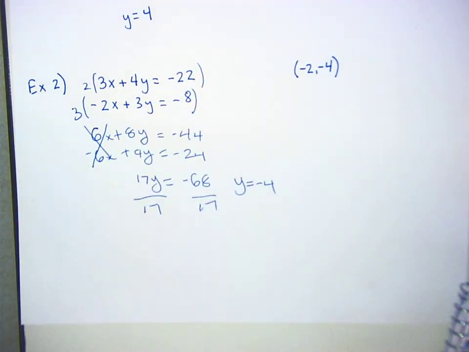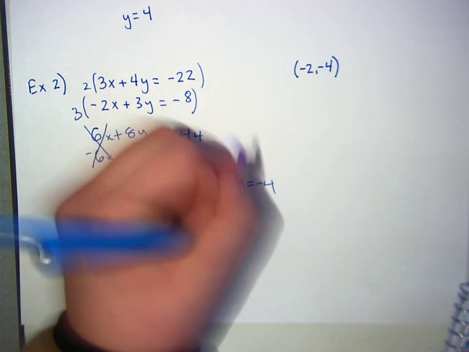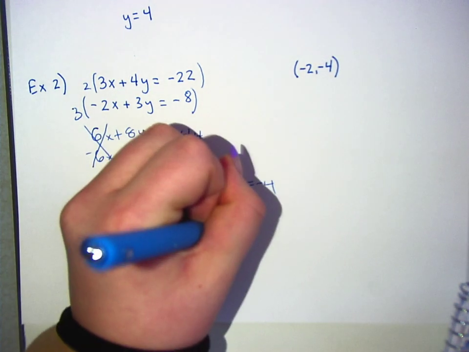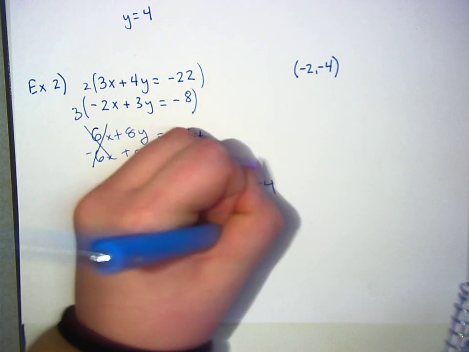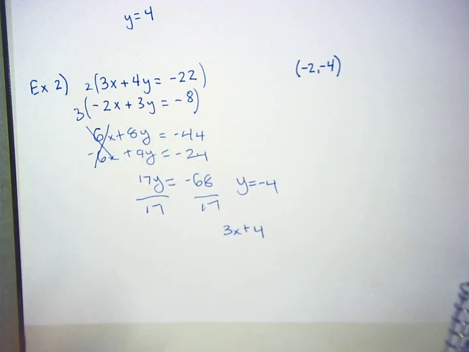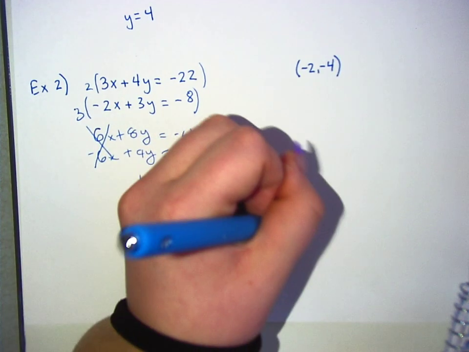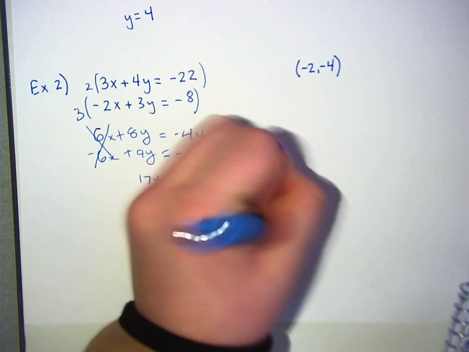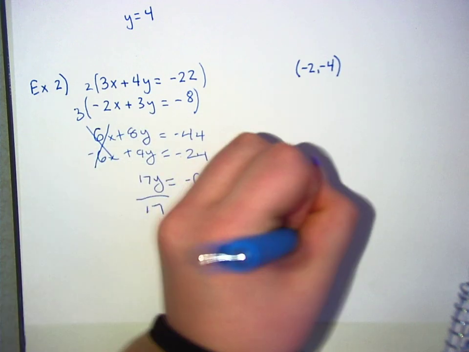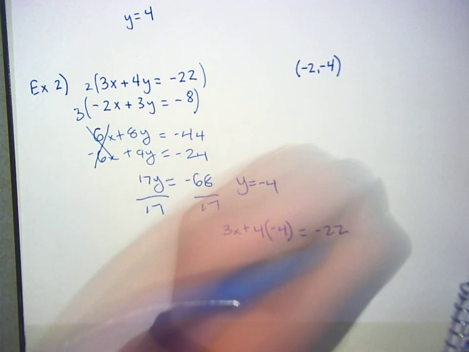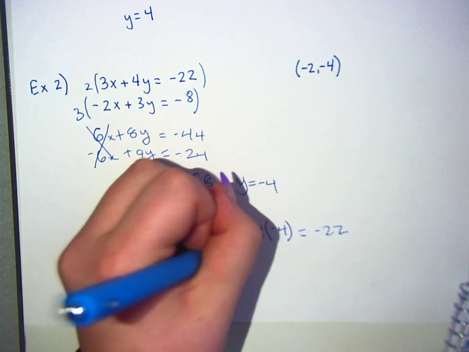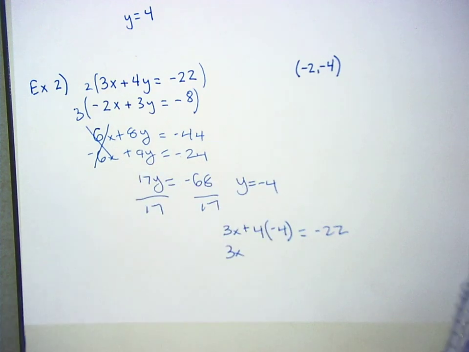And then we plug it back in to, we did the top equation, I think. Yeah, we did the top equation. So 3x plus 4y equals 22, I think.